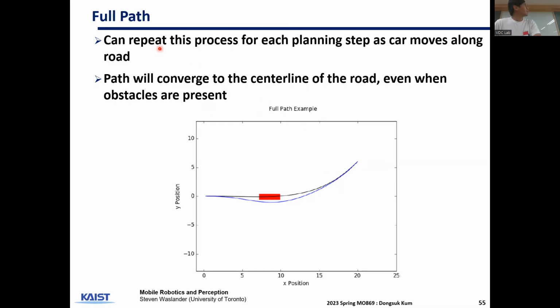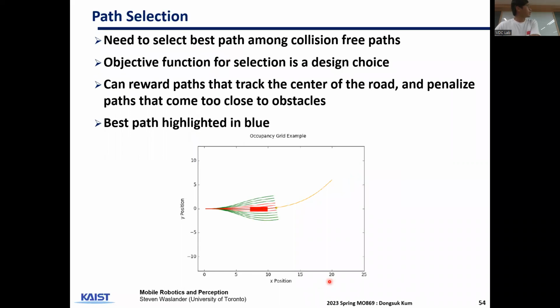At each planning step, we repeat this process as the car moves along the road. So you have this curvature, but you are not expected to run the vehicle for the entirety of this curve.